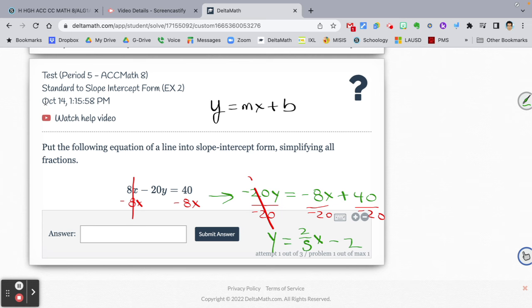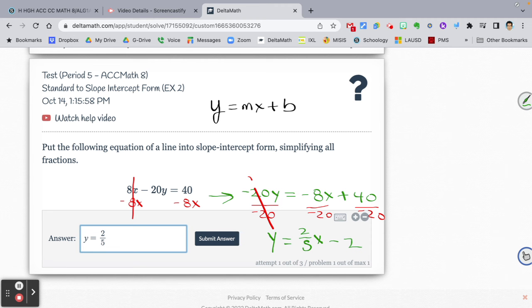Okay, so let's go ahead and write that one down. So for this one, you may want to just have some scratch paper handy. I don't know that you can do this all mentally. Y equals 2/5 x minus 2.